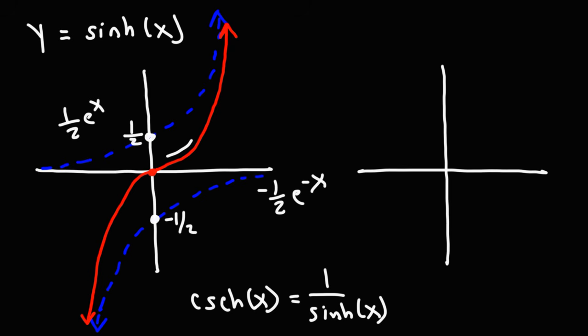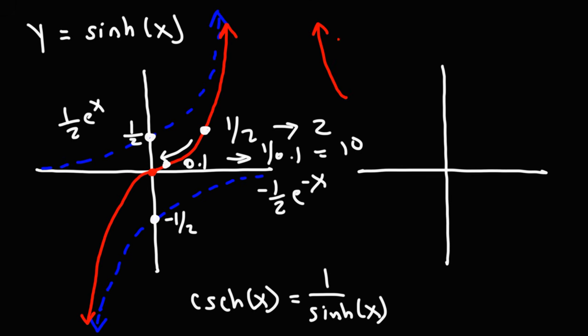Now, as we approach the origin, the y value becomes smaller and smaller. So let's say over here where the y value is 1/2. For hyperbolic cosecant, the reciprocal of 1/2 is 2. Over here where the y value might be 0.1, 1 over 0.1 is 10. So as we get closer to 0, hyperbolic cosecant is going to go to infinity.